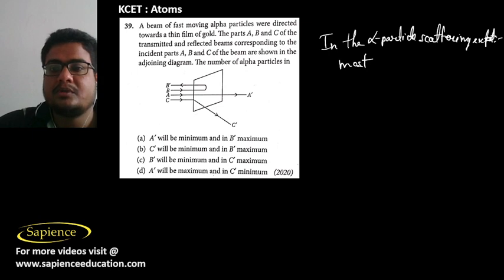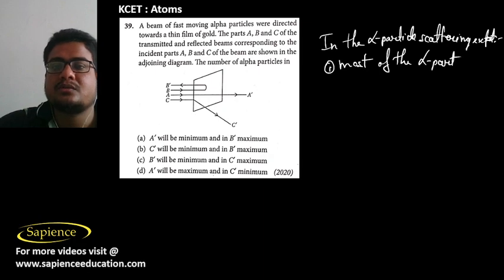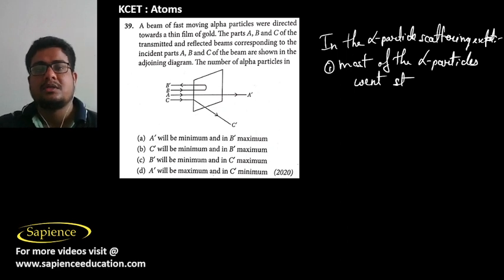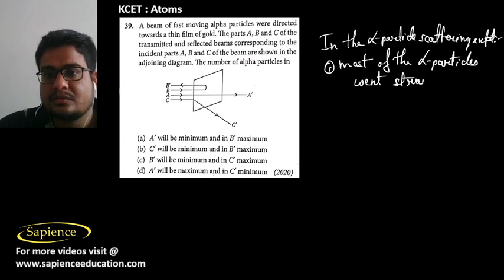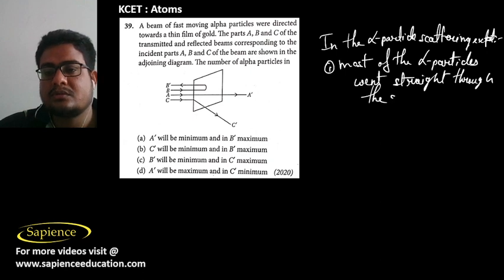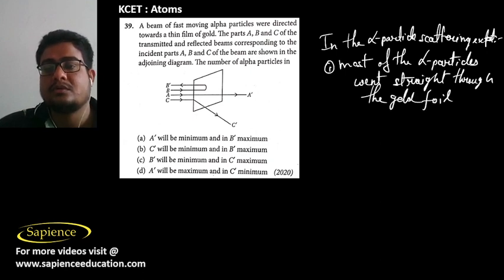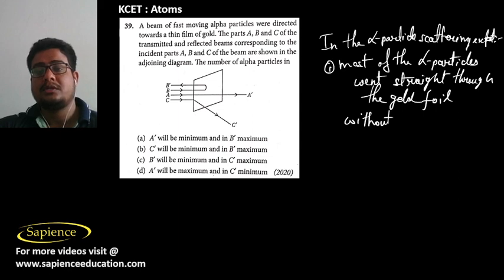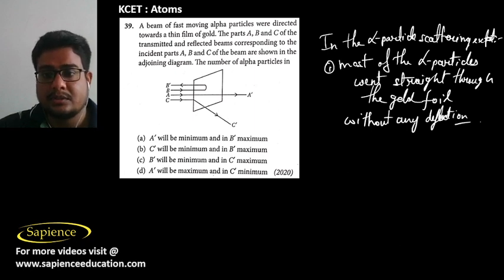The first observation is, most of the alpha particles went straight through the gold foil without suffering any deflection. Without any deflection.